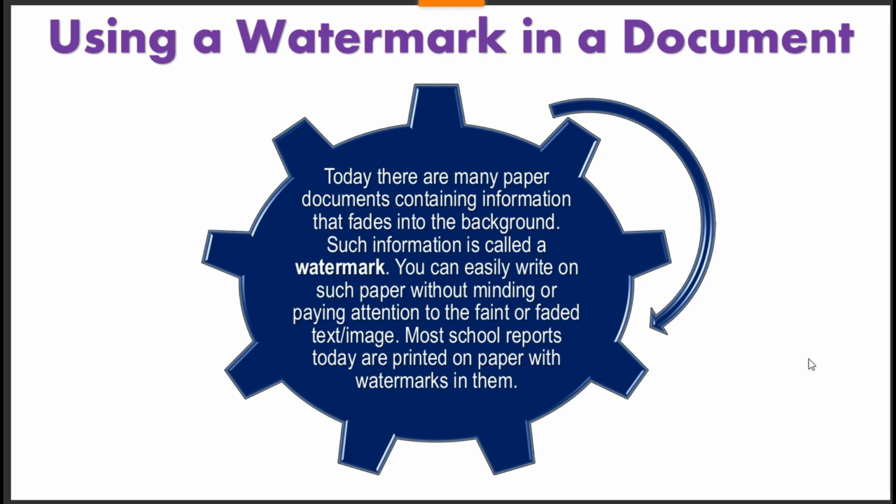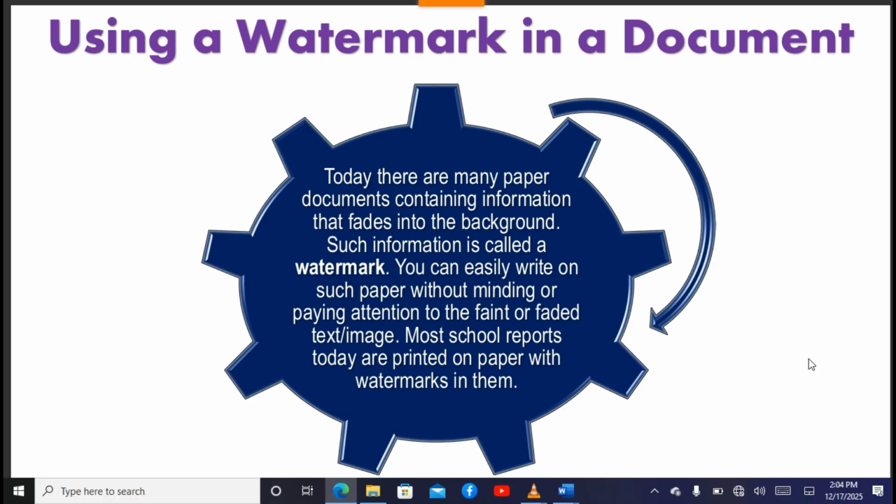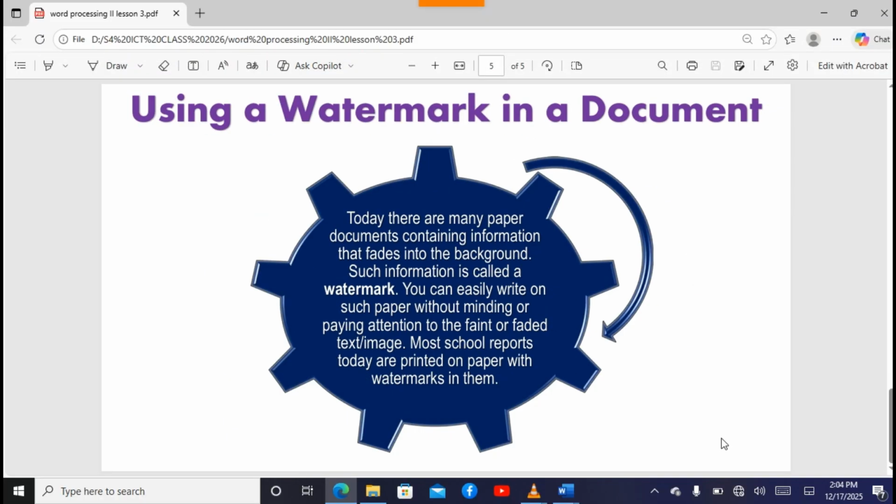Most school reports today are printed on paper with watermarks in them. Of course, we are saying a watermark here. It can be a text or image that goes on fading into the background. So it appears faint, as we're going to see. Now, let's see how we can apply the watermarks.